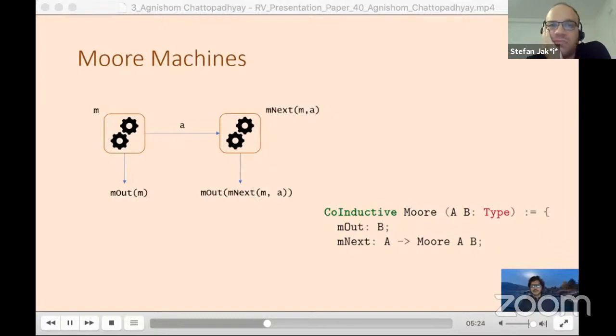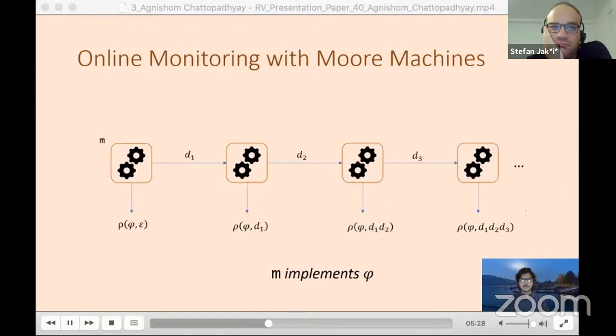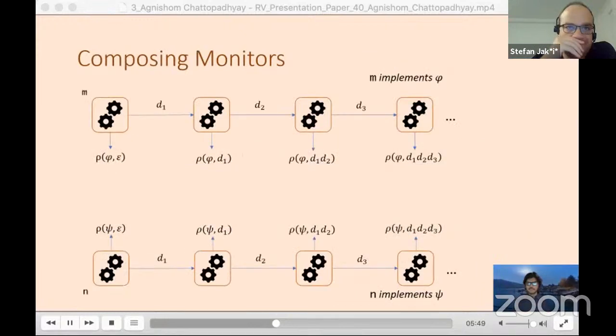Instead, the machines are identified with their output and how they evolve. An online monitor incrementally produces judgments on the trace prefixes that it has seen so far. Feeding in the elements of our trace to a Moore machine would yield a similar behavior. When the output of the Moore machine M corresponds with the robustness values of the trace fragments seen so far, with respect to a formula phi, we say that M implements phi.